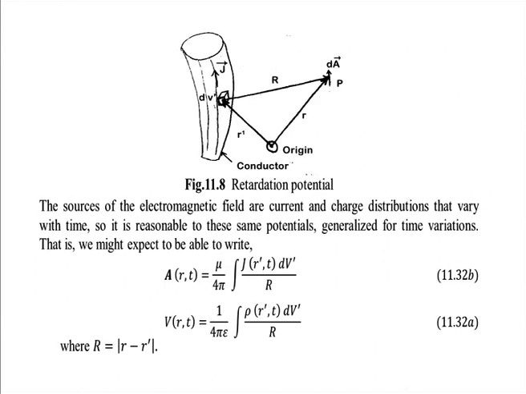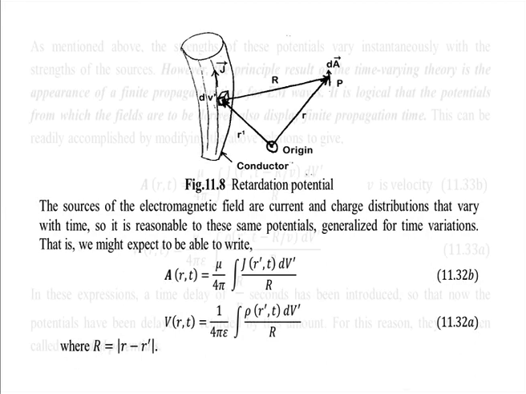The sources of the electromagnetic field are current and charge distributions that vary with time. So, it is reasonable to try the same potentials generalized for time variations. That is, we can write A and V as given in equations 11.32a and 11.32b.